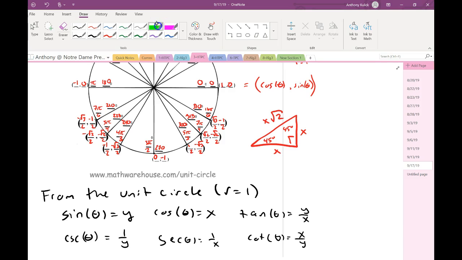Again, if we update our point definition with the assumption that we're working on a unit circle where the radius is always 1, our definitions update to here. Everybody okay with that idea?